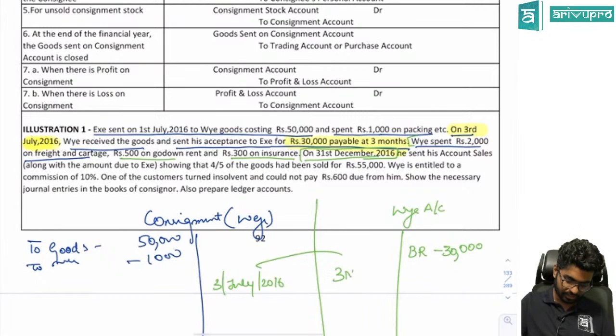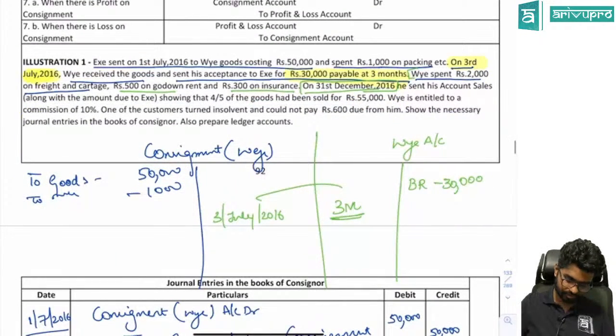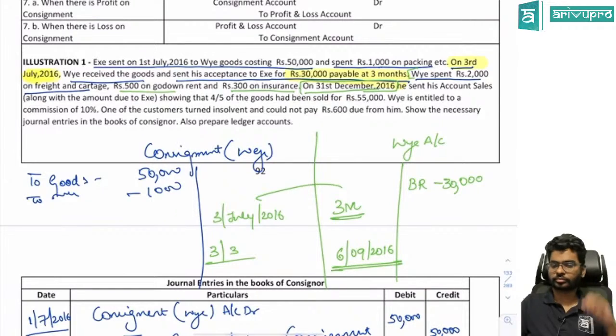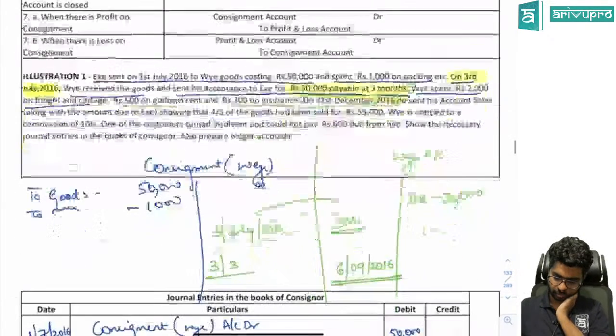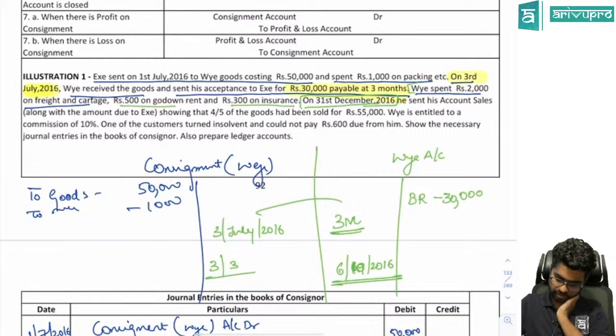What is going to be my 3 months period? Sorry, July, no, 10th, sorry. Are you clear?